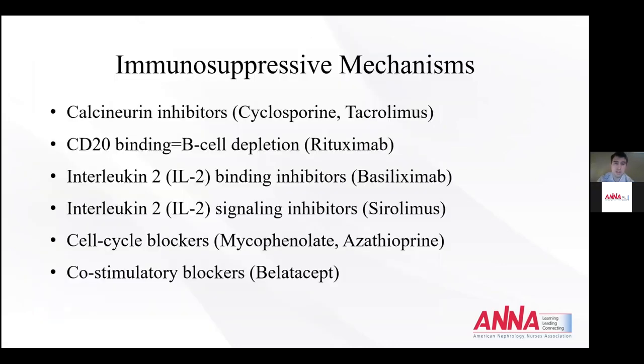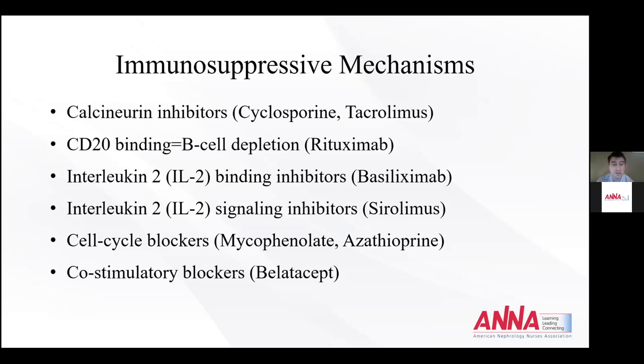So again, these are some of the basic immunosuppressive medications that we use. You have calcineurin inhibitors, cyclosporin and tacrolimus most commonly. You have a CD binding site, which causes B cell depletion. So it's going to wipe out your B cells, commonly used for antibody type rejection. Then you have interleukin-2 binding receptors used for induction, basiliximab.